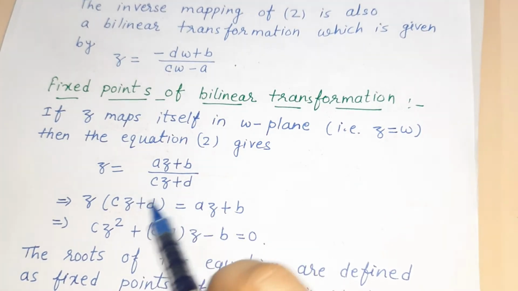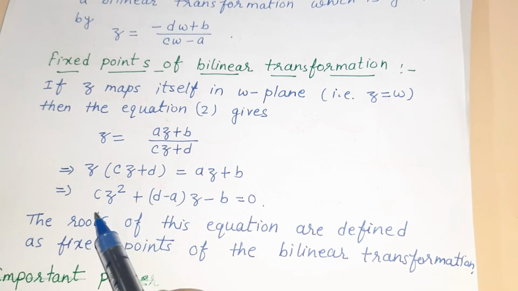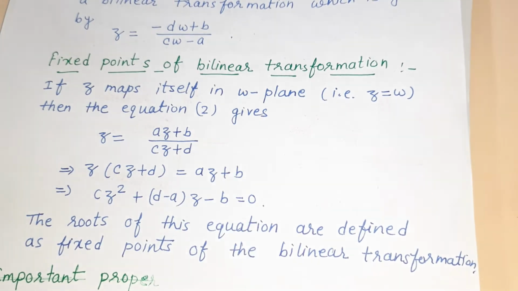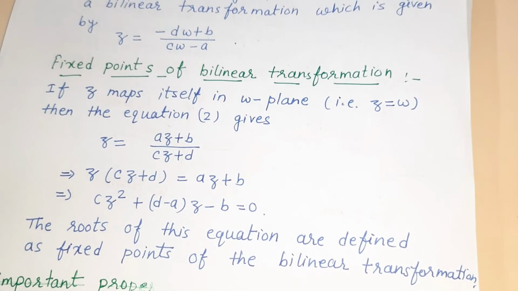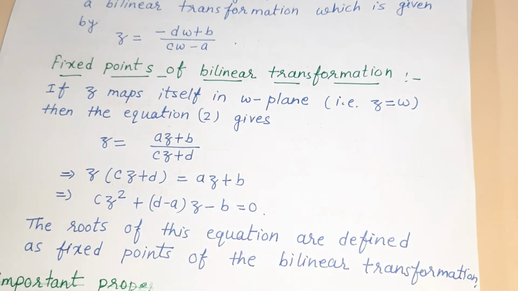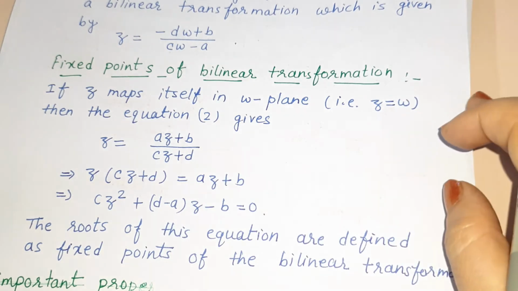Now we simplify this equation, and we get cz² + (d - a)z - b = 0. The roots of this equation are known as the fixed points of the bilinear transformation.